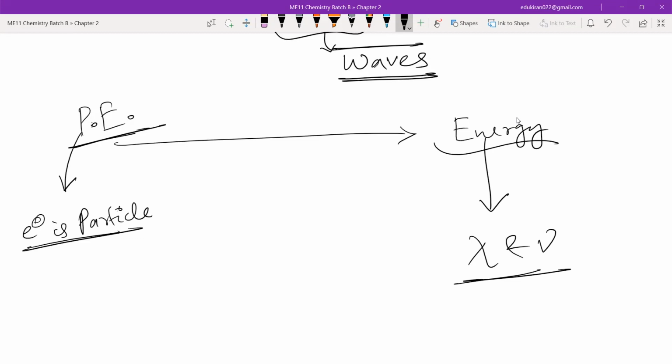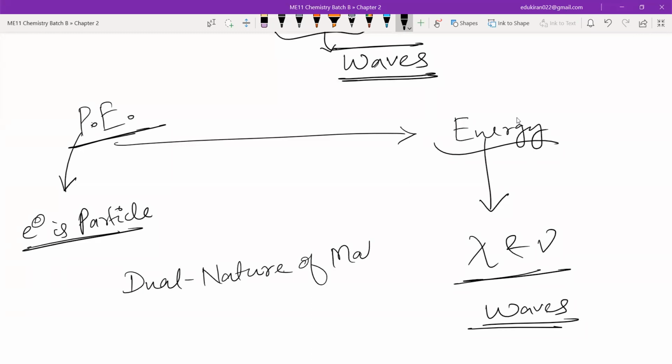That means it is a wave. Now this is the birth of dual nature of matter. De Broglie will come.